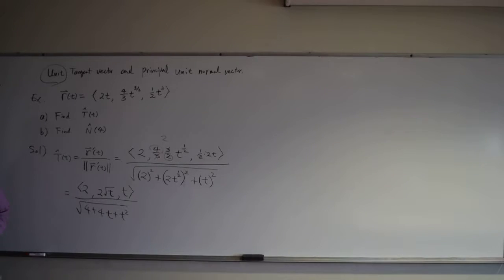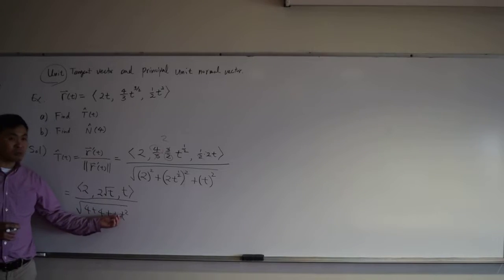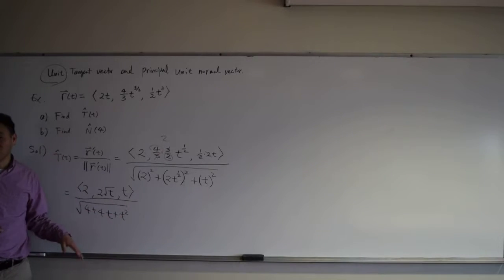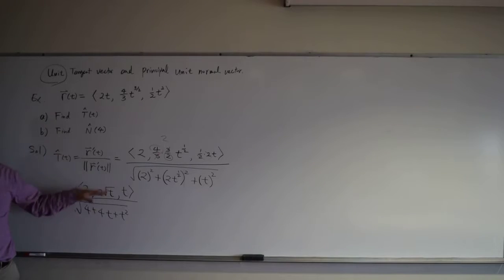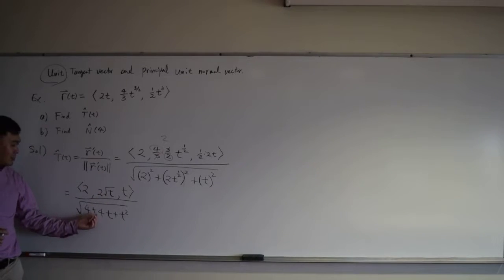One common mistake that I find students doing is they take the square roots of each individual term. No, you don't do that. You're in calculus 3. Don't make that silly mistake. If you have addition, you can't do that. The only thing you can do is think about this as t squared plus 4t plus 4, and try to factor it. It will be t plus 2 times t plus 2. Can you see it?